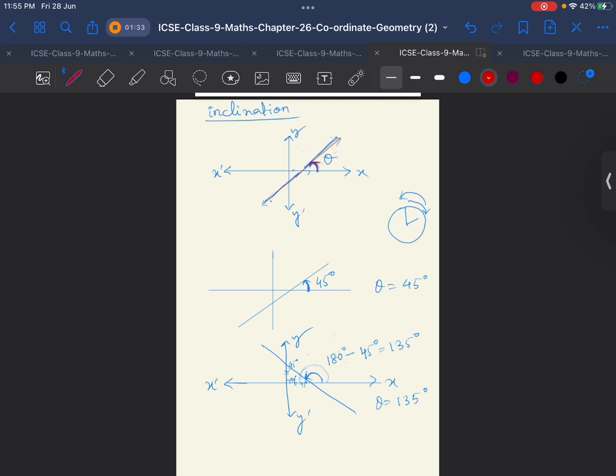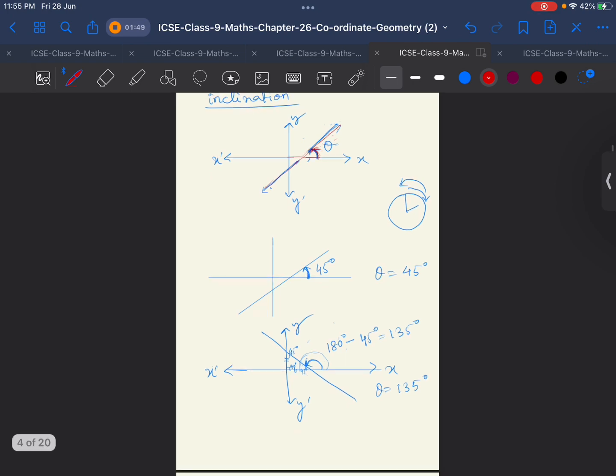This is anti-clockwise. You see here students, this is clockwise direction and this is anti-clockwise direction. So we denote inclination as theta. Theta is here inclination.